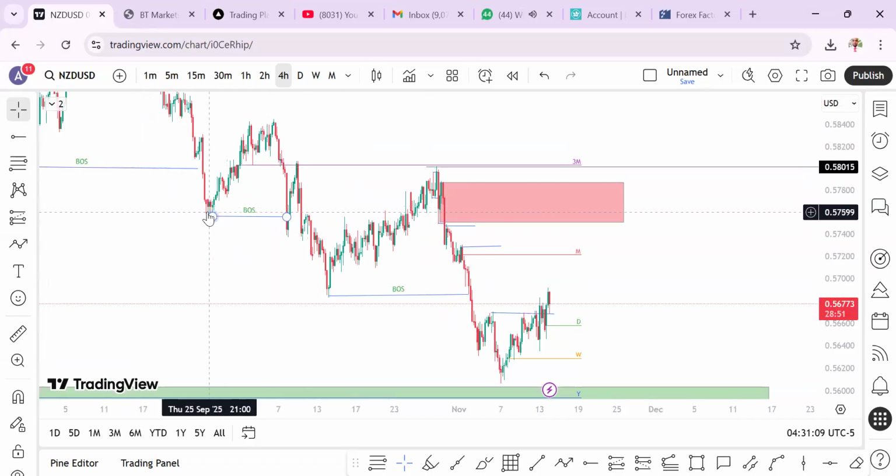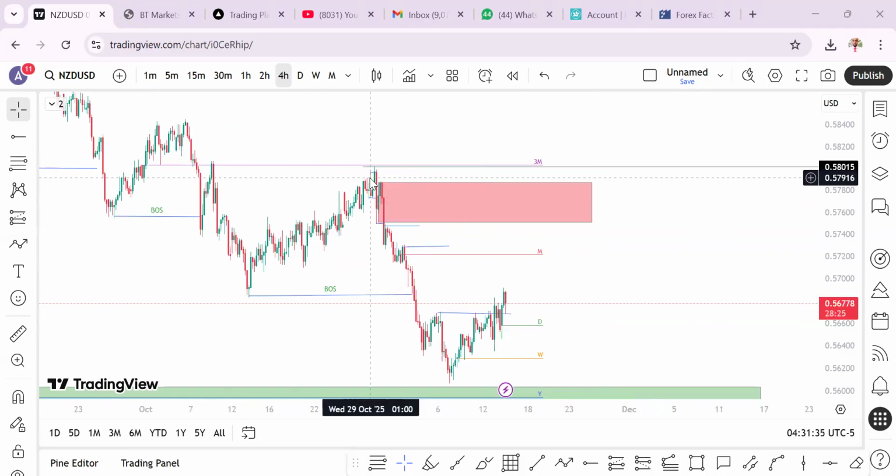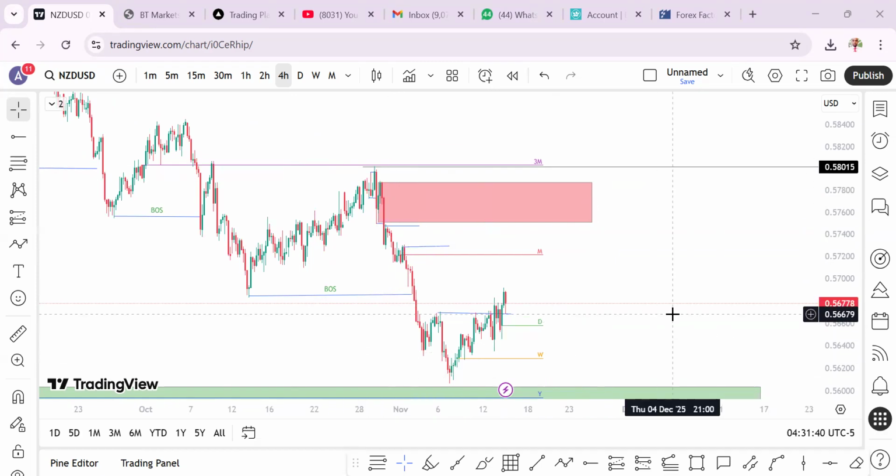So NZDUSD, nice bearish move. You can see we are breaking structure. The more we break structure, the more sell is more of sell.